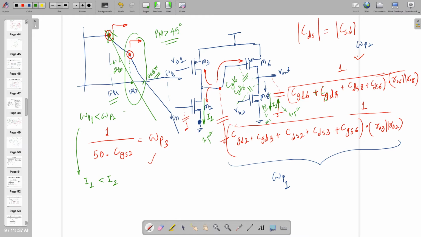Because with two poles, at low frequency it's 0 degree, at high frequency it's minus 180 degree. So at UGBW we can assume it's like this, minus 180, and you have to add 180 more to find the phase margin. Phase is equal to minus 180 and phase margin equal to 0. So the system is unstable.